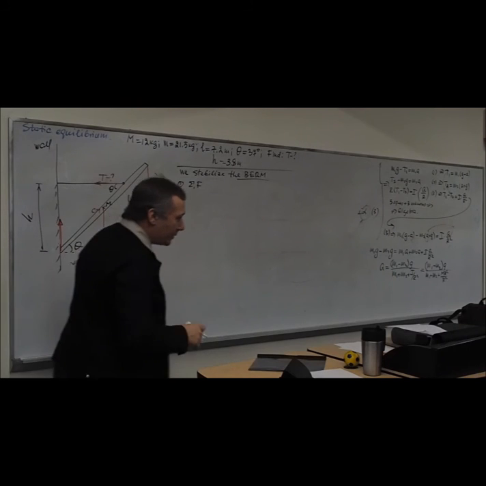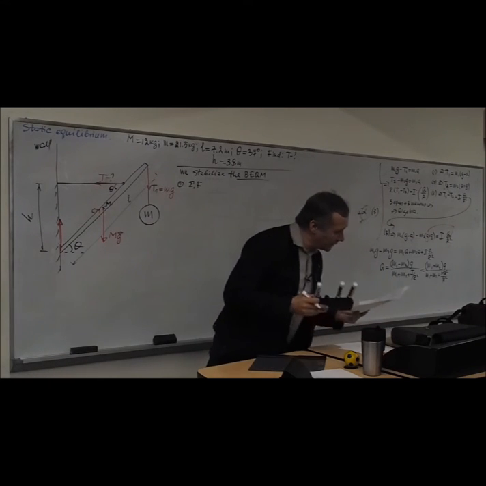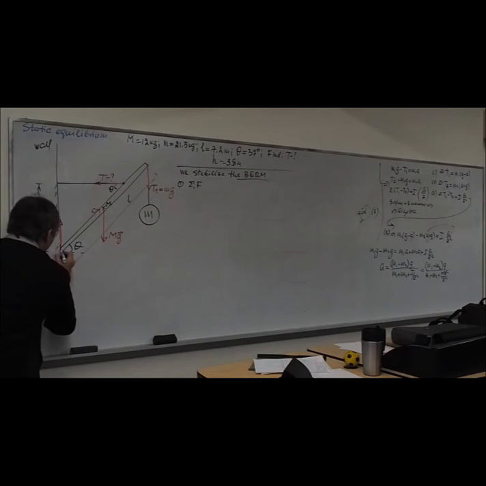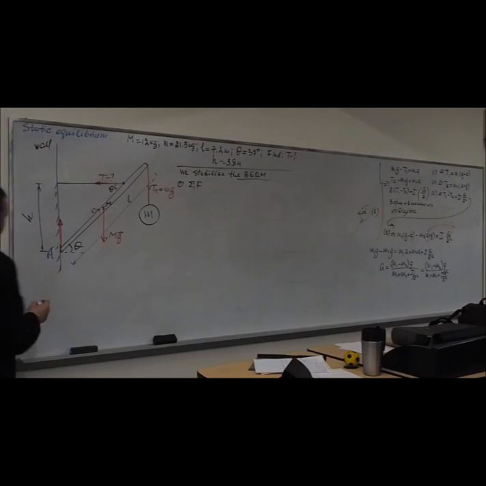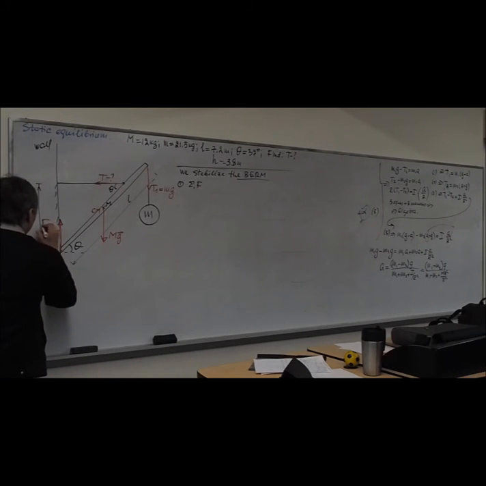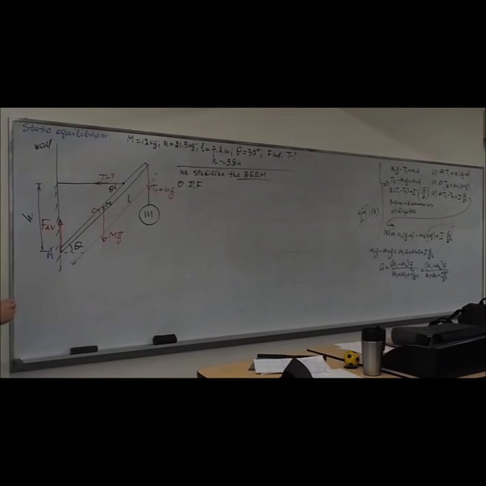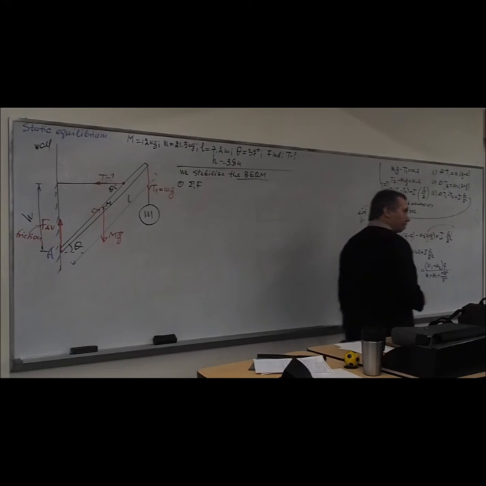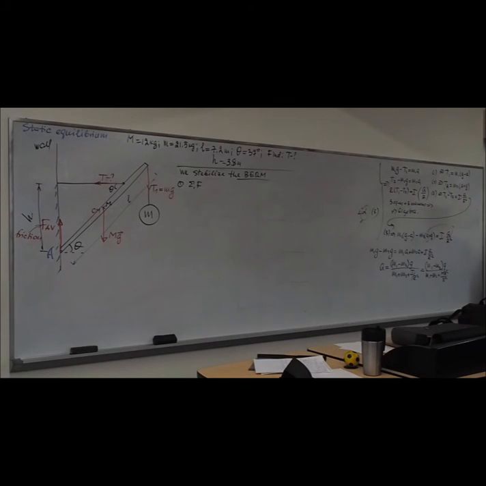First of all, I label this point as point A. And I will label this force as F_AV, A because it's point A, vertical because it acts in the vertical direction. And the nature of this force is friction.